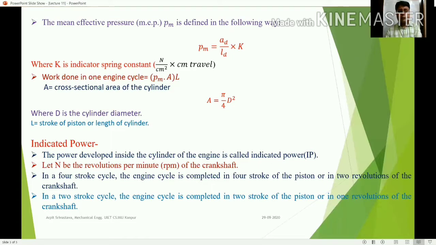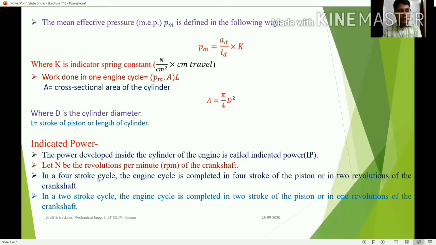That means if you burn any fuel, the initial power which is generated inside the combustion chamber is called indicated power. Then, to derive the expression for calculating indicated power, we assume some input parameters. Let N be the revolutions per minute, RPM, of the crankshaft.